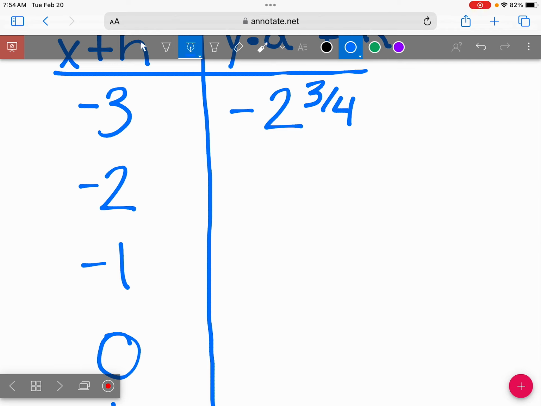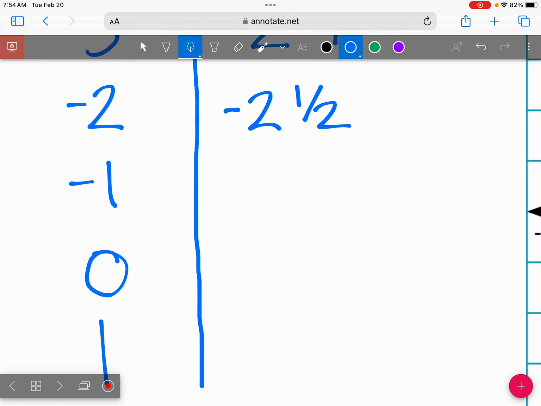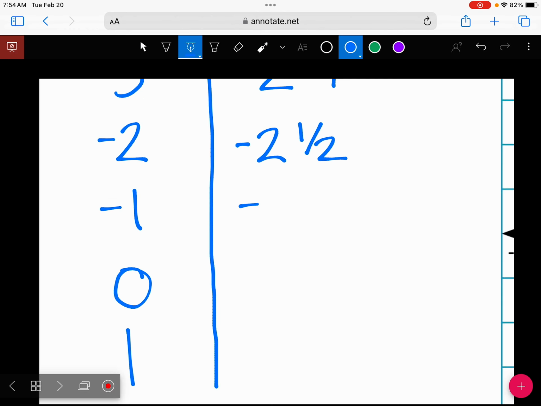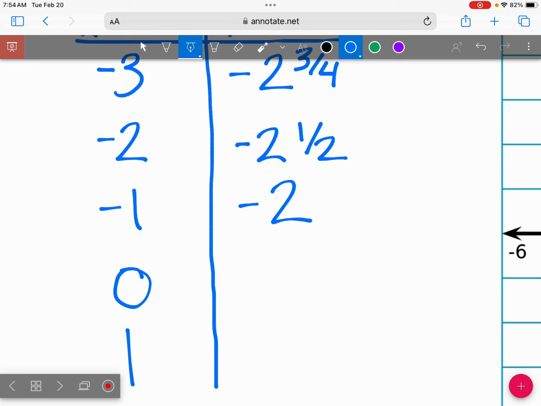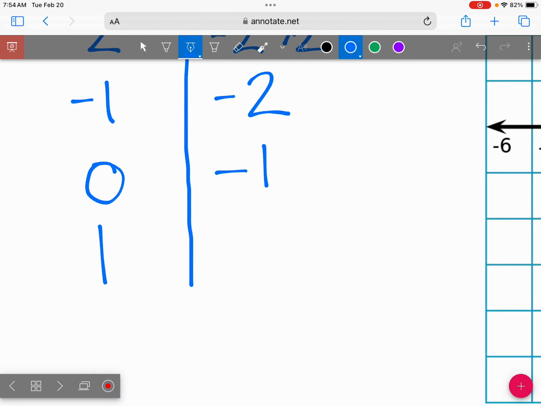But I don't care if it's decimals or fractions that you do. If we do 1/2 take away 3, we get -2 1/2. 1 minus 3 is -2. 2 minus 3 is -1. And 4 minus 3 is 1.